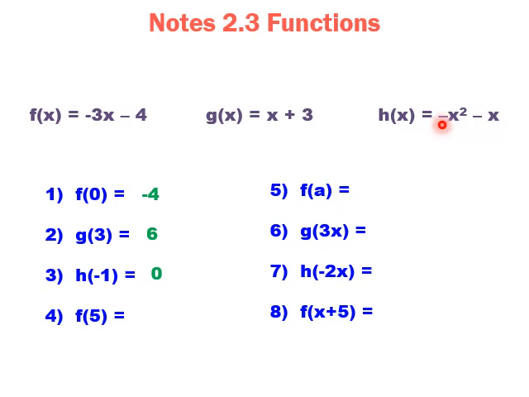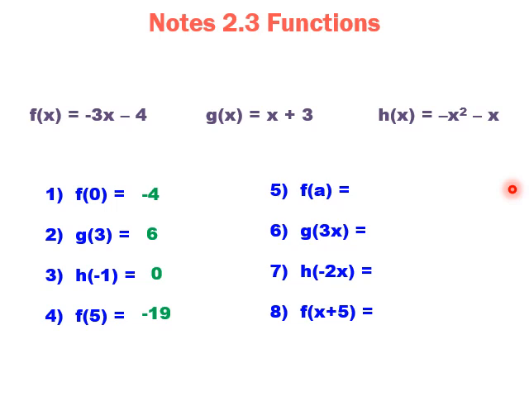Okay, the -1 here, the negative would go away in this squaring, so it would be -1, and then the -1 in here would cancel this negative and make it positive. So that's why we got 0. All right, f of 5. All right, that's -19.